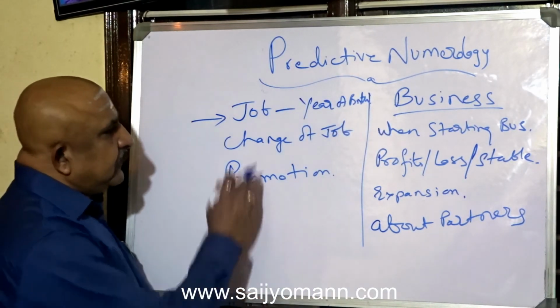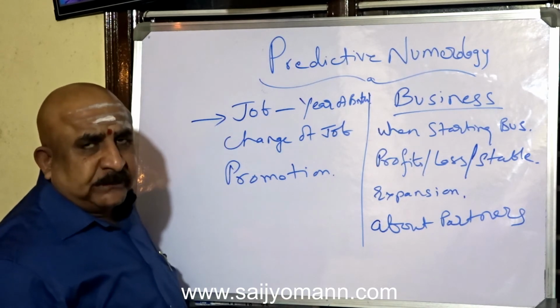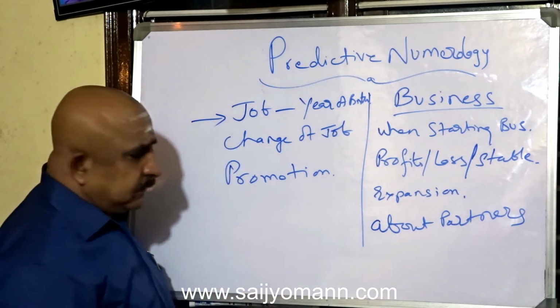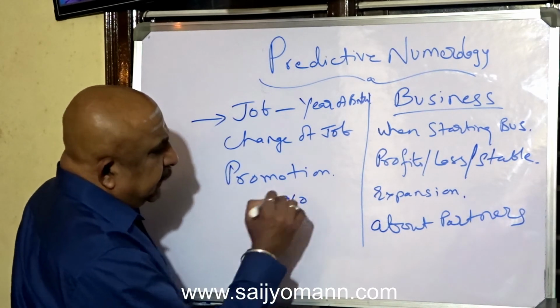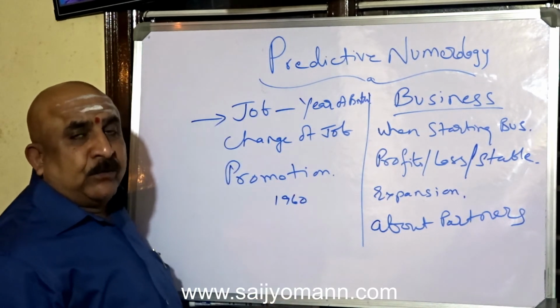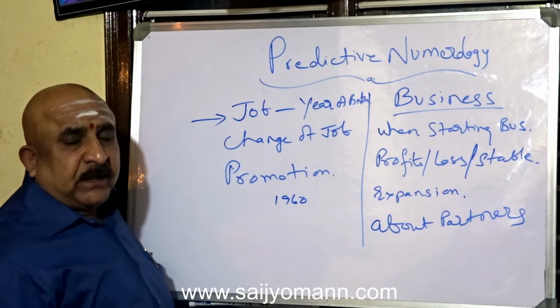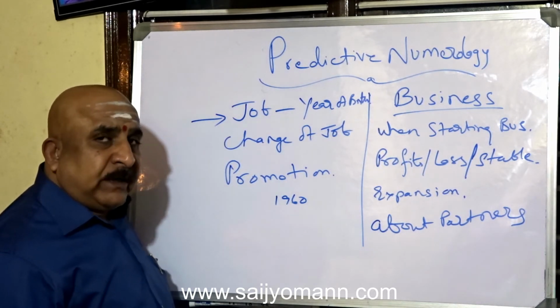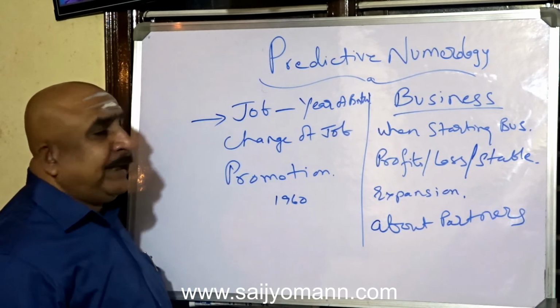How? For example, if a person is born somewhere in 1960, when will he get a job, and how do you do the calculation? Earlier also I have given you the calculation. I am going to repeat it when the need comes.